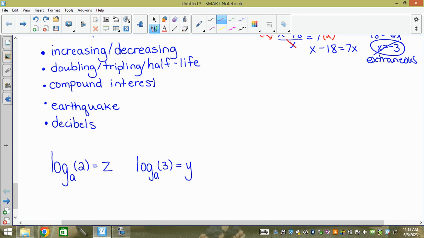And they'll say determine log base A of 72A cubed.